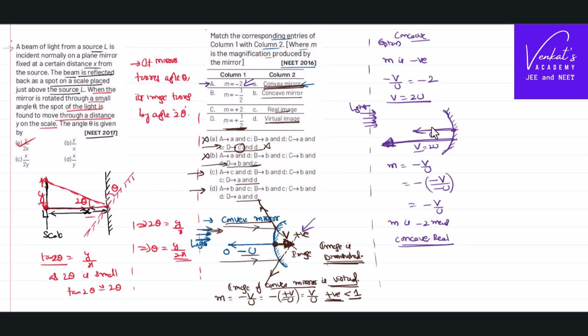So for this first option A, you shall have concave mirror B, real image C. But for the third case, you see what is there? A is C and D. C is real, D is virtual. An image cannot be both real and virtual. So this option itself is wrong. So option C is wrong. Option D is right. I need not worry and explain the other parts of it.